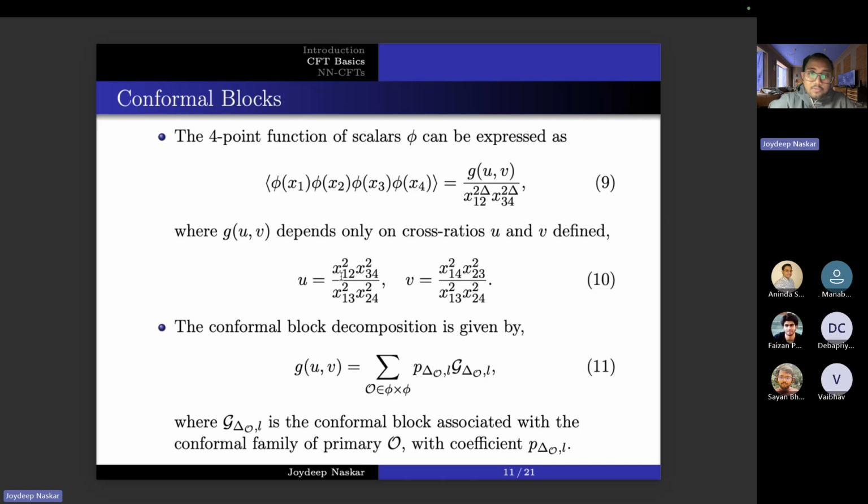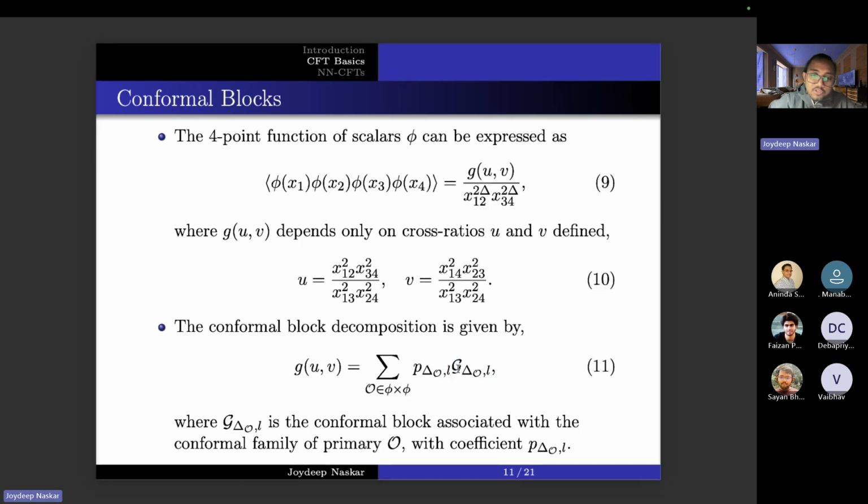And if you make any kind of transformations, these U and V's will be the same. So what we can do next, a powerful technique in CFT that people use, is the conformal block decomposition, where you can write this G(U,V) as a sum over conformal blocks.